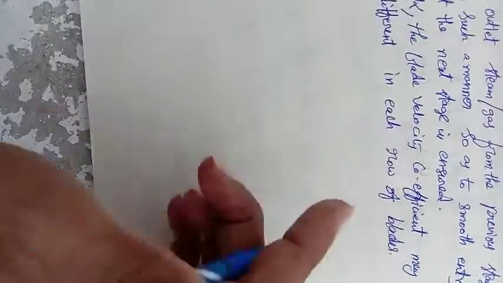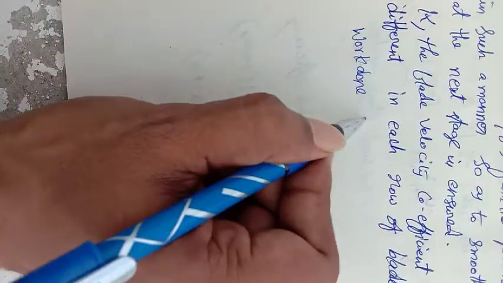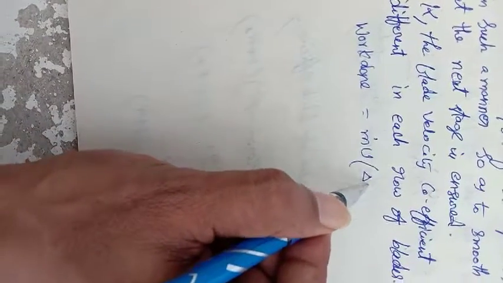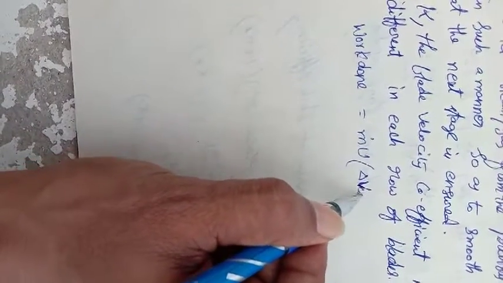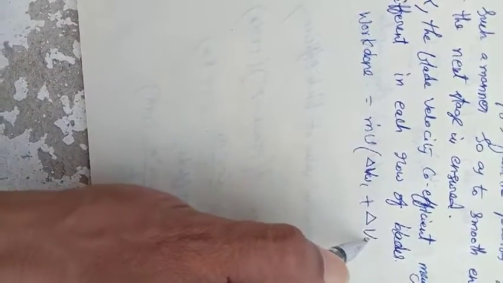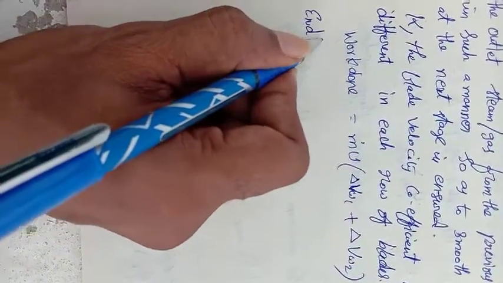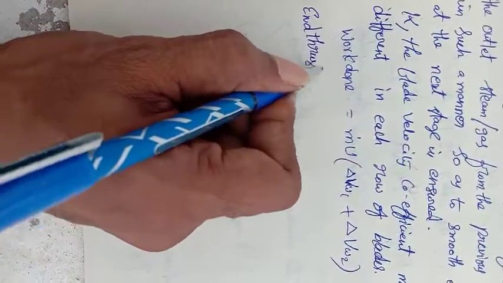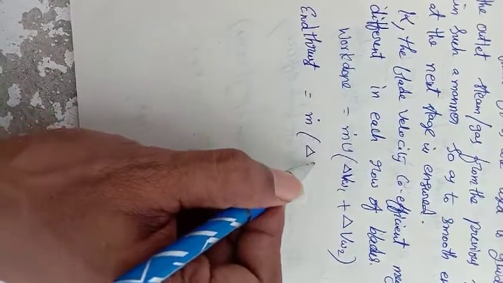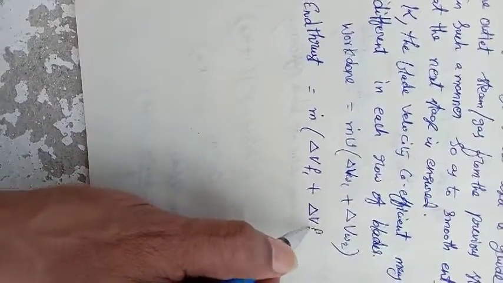Okay, so then work done is equal to U times change in velocity plus change in velocity at exit. Now end thrust is equal to m times (change in Vf1 plus change in Vf2).